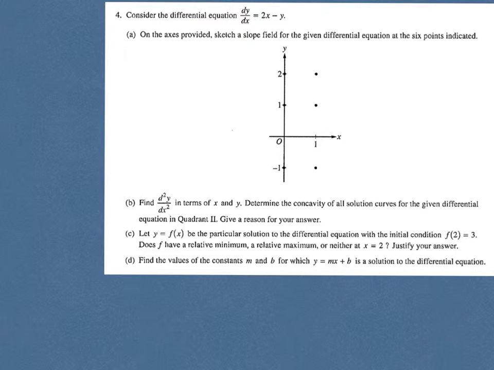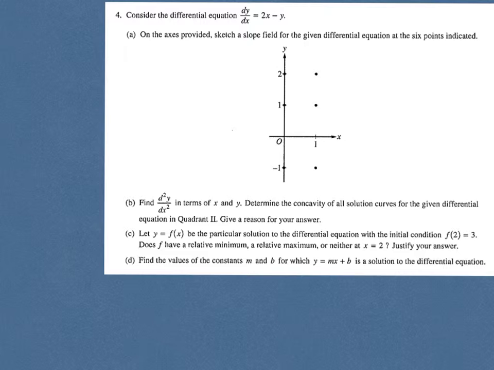Now we have a differential equation and slope field problem. As you've seen in the past, often in a problem like this, you're going to find that these problems have a lot of points that are going to be put later on dealing with the particular solution and so forth. In this case, we have that dy dx is equal to 2x minus y.